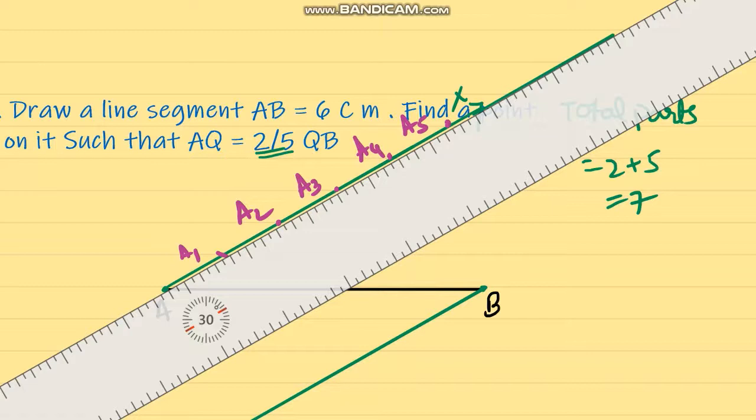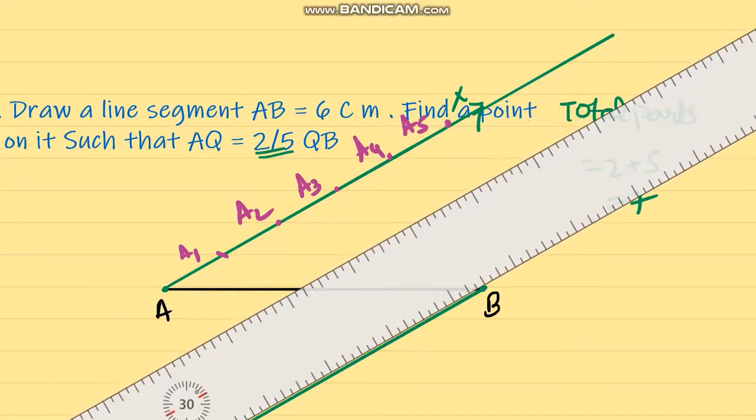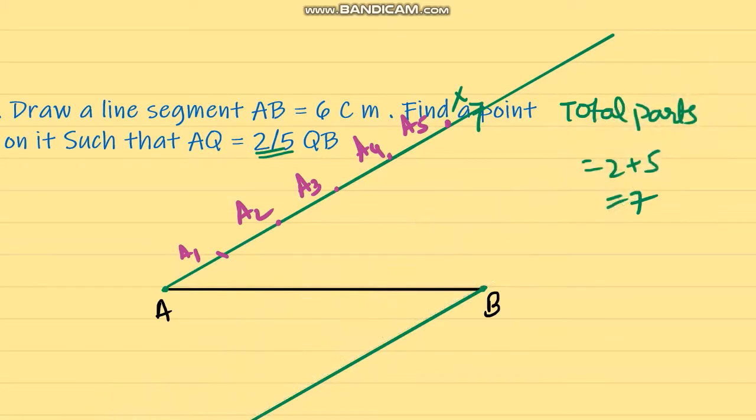To the lower side also we need to prolong it. Now A5. After that you are getting A6 here and here it is A7.